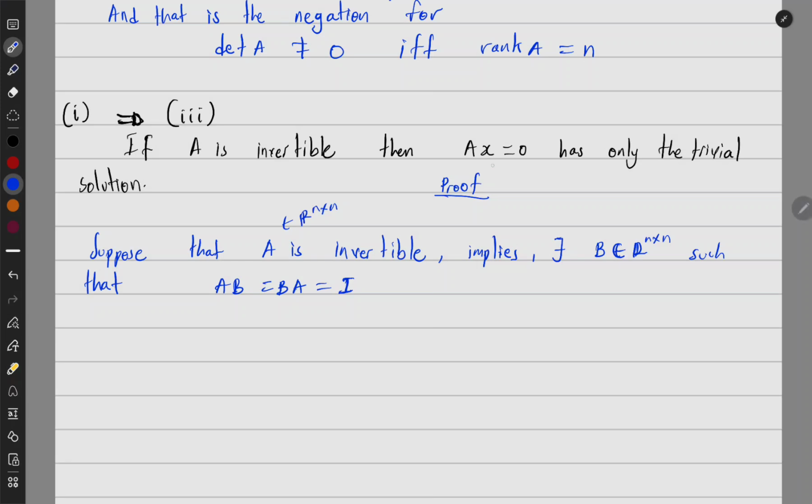Now I want to show this. So you begin with what you know. The statement I've begun with is what I know in this case. The moment that is implied, this is what I expect. So now I want to show that this has only the trivial solution.